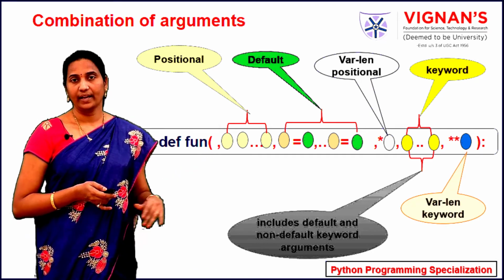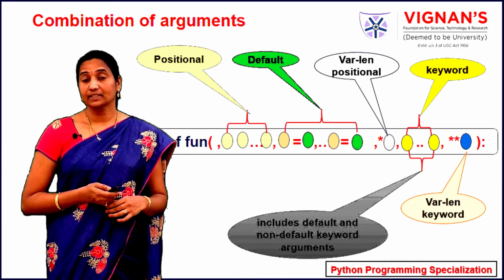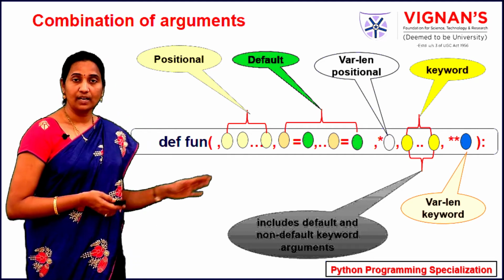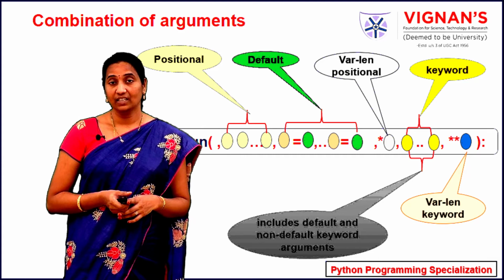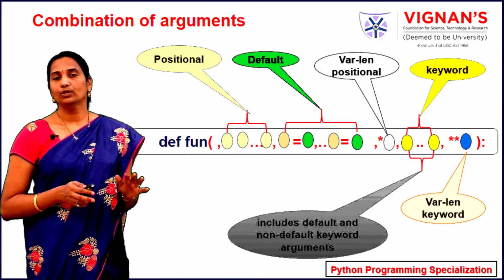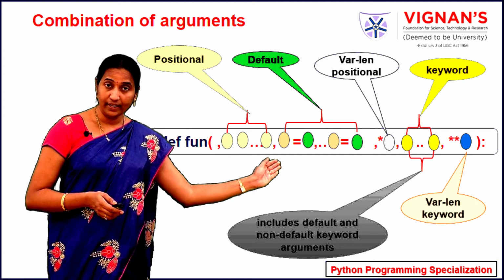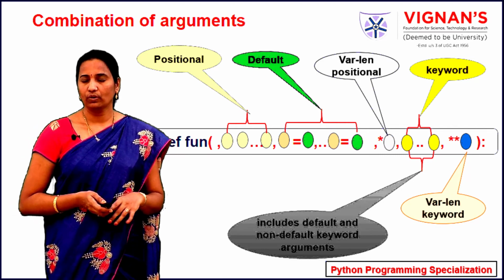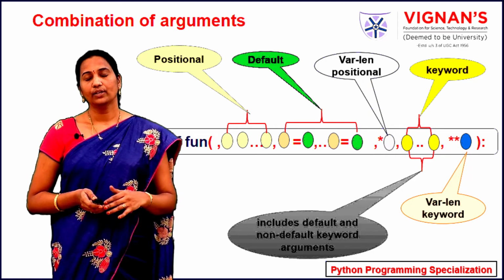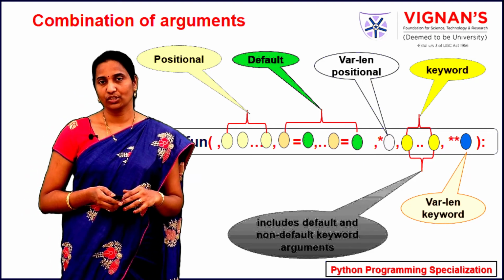At the end you can have one and only one variable length keyword parameter. So that's how you can include all the types of parameters in a single function definition, but you must understand that only the same order that we explained is allowed. If you violate the order, then you will get errors in defining the functions.